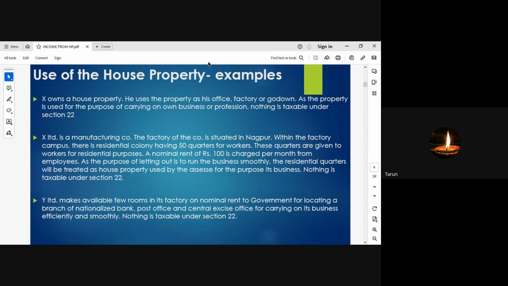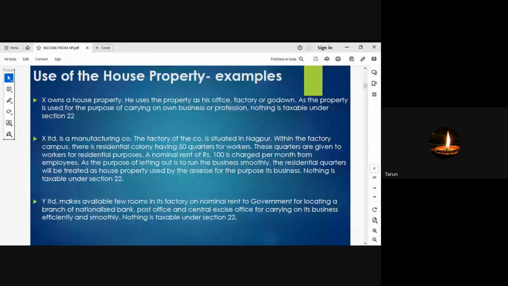Hence, any income earned by letting out the property for residential purposes will not be taxable, right?